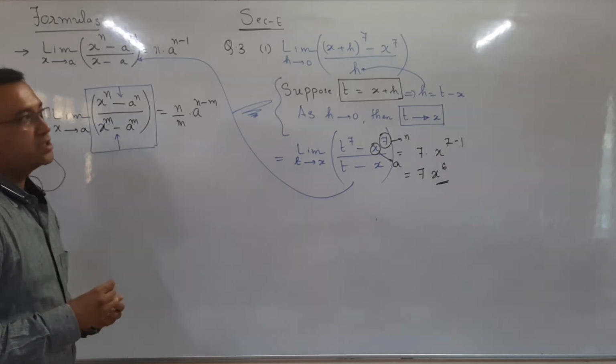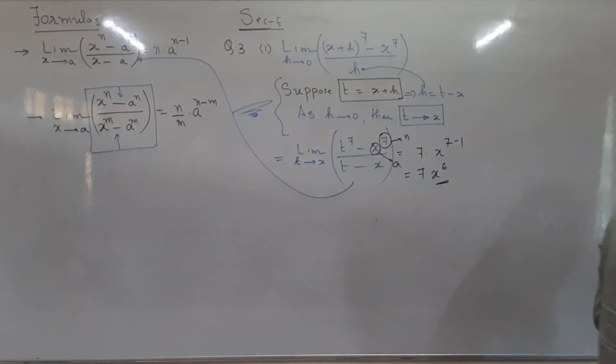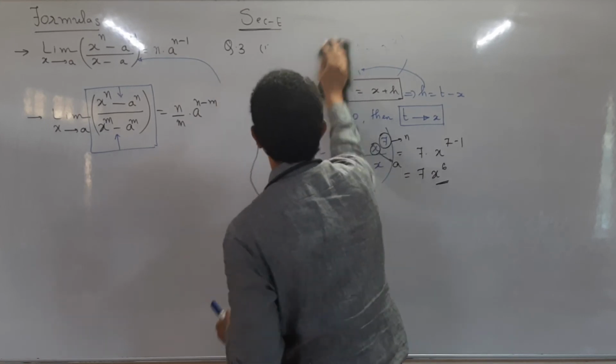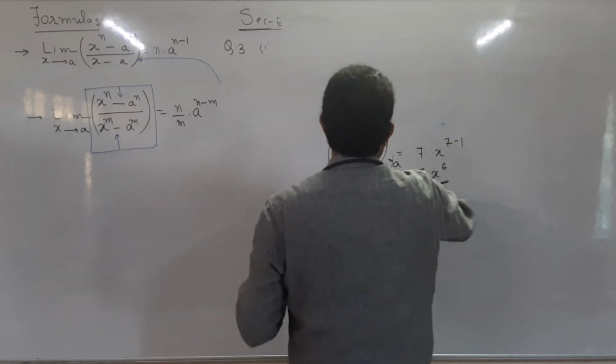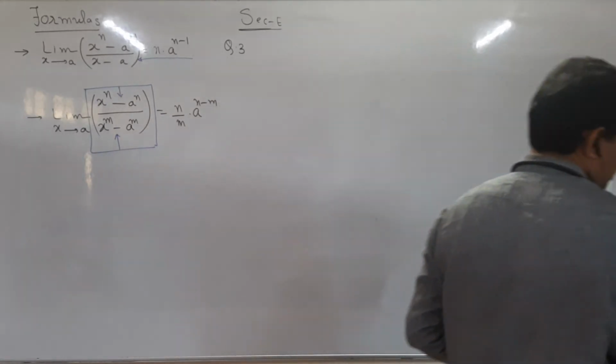So this is, students, one of the most interesting types of sums of limit. Now we are doing sum number 2, main question 3. Now, students, we are doing sum number 2.